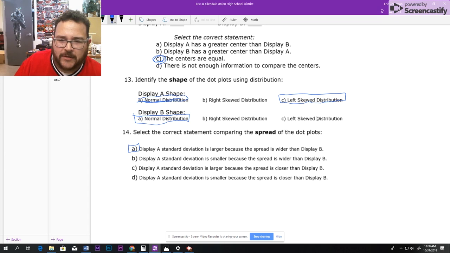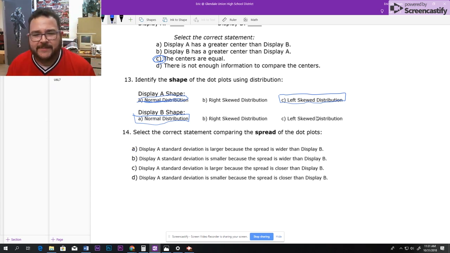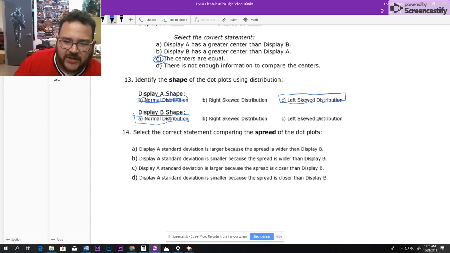Okay, it's not smaller because the spread of A, wait, let's read these answers again. Display A standard deviation is larger because the spread is wider than display B. Yes, that is true. Okay, display A standard deviation is smaller because spread is wider than B. That's not true. Display A is larger, we know that, because the spread is closer.